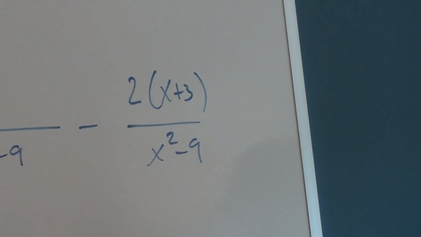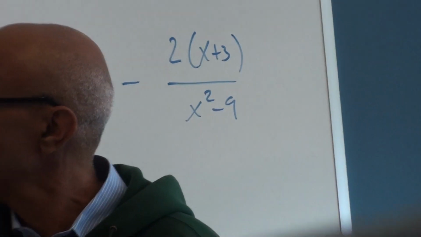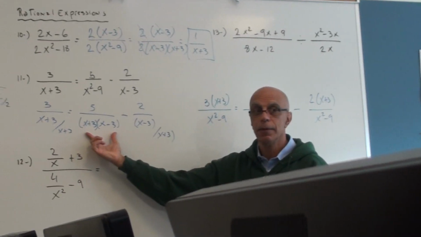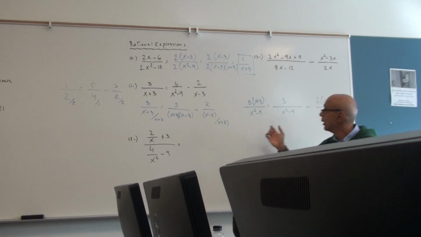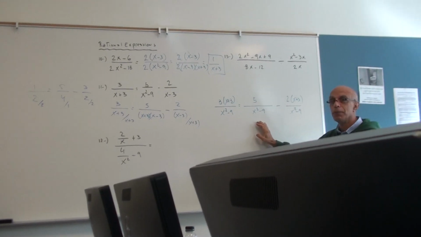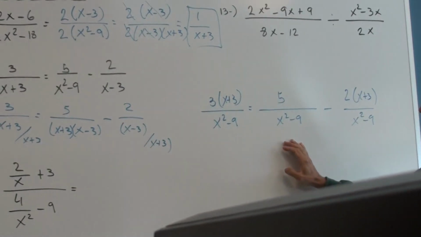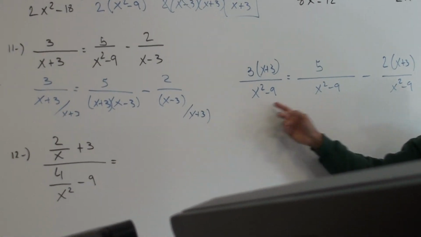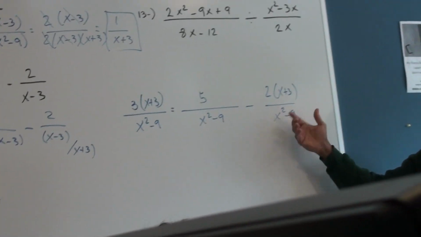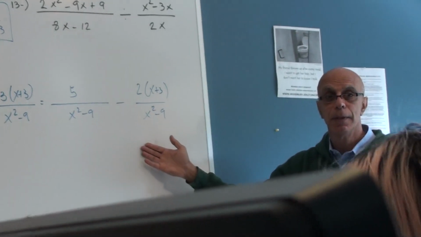Okay? So this here is x squared minus 9. So now, what do I do now? Combine like terms. I can get rid of the denominator, right? If I multiply both sides of the equation by the denominator, it goes away, right?